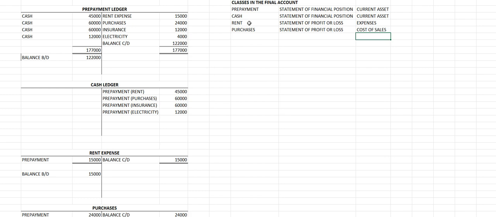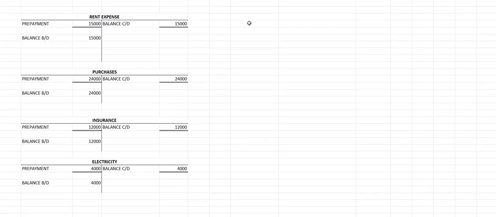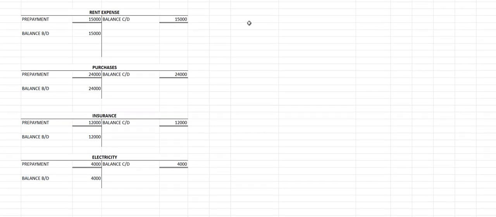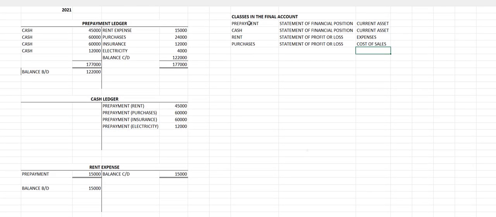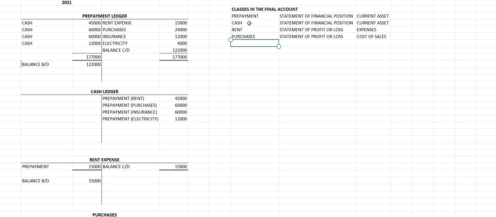And the next one is insurance. Insurance is under the statement of profit or loss account, and it is under expenses.